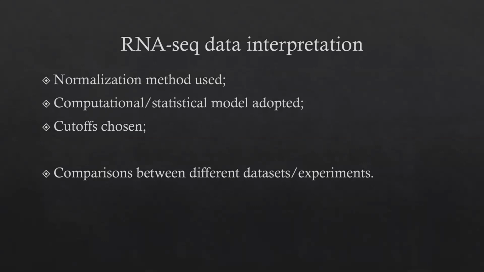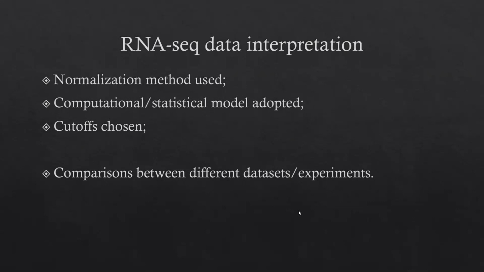The second is what statistical model or computational model we used in our differential analysis. The last one, of course, is the cutoff we choose. Sometimes you may think the cutoff choosing is kind of arbitrary. It may or may not be, and it also depends on your expectation and the experimental design.